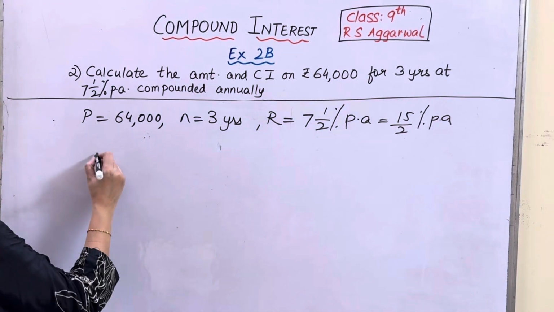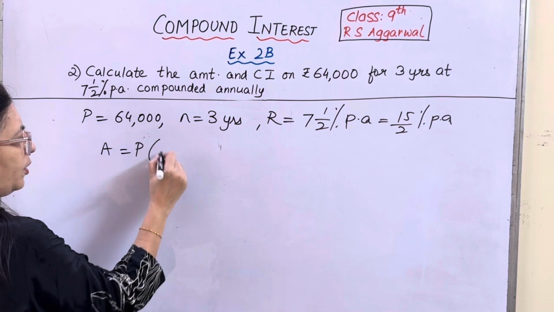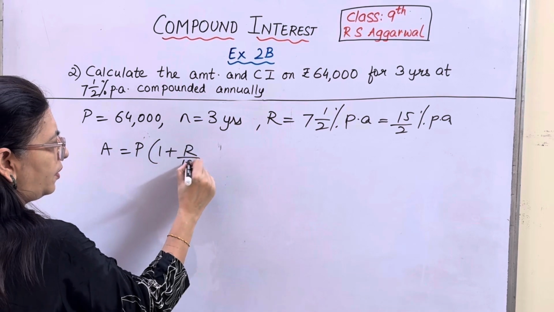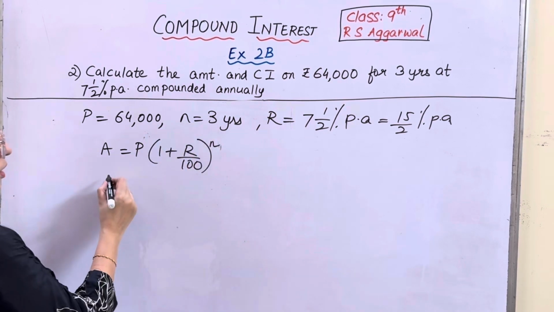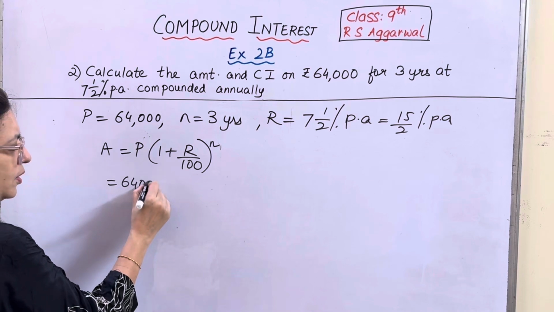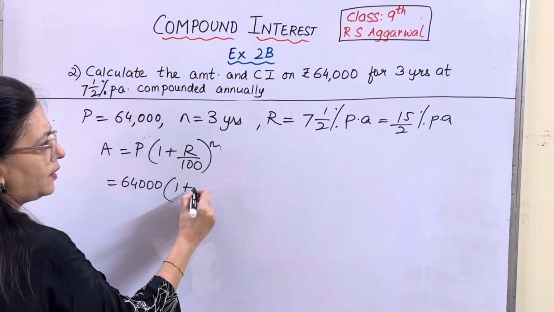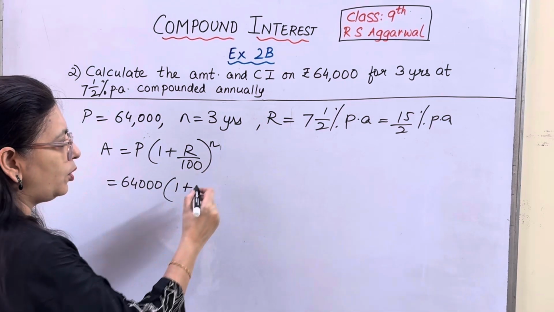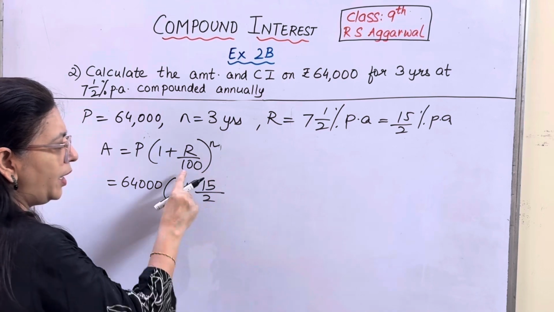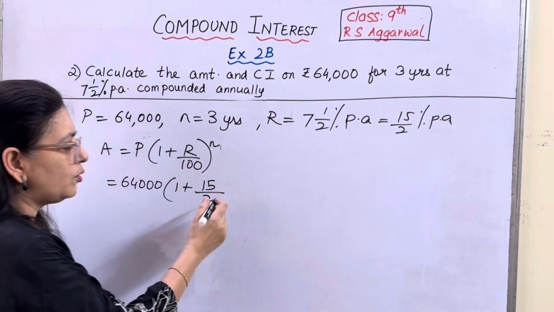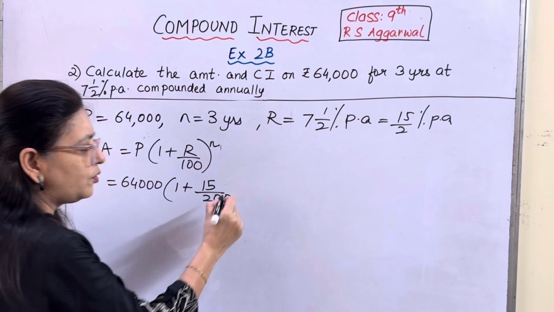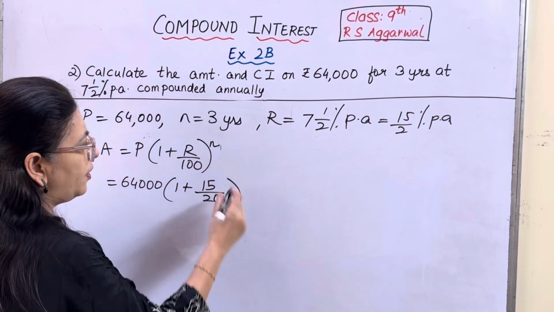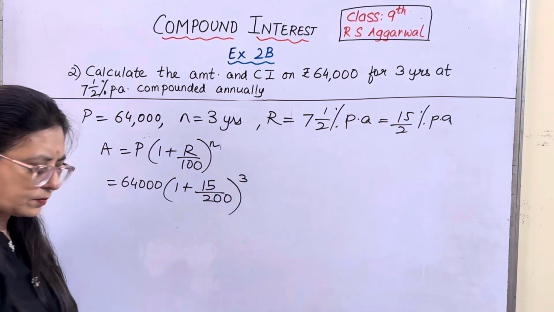Okay, so what is the formula? Amount is equal to P into (1 plus R upon 100) raised to N, which is equal to 64,000 into (1 plus 15 upon 2). In the denominator you have 100 also, so multiply by 100 and this will become 200, raised to N, N is 3.